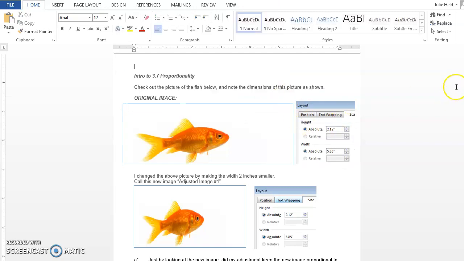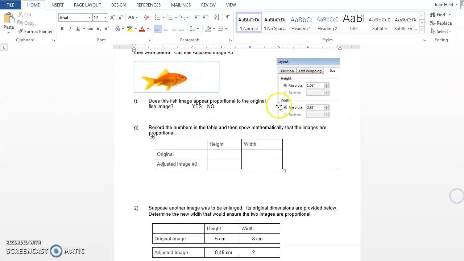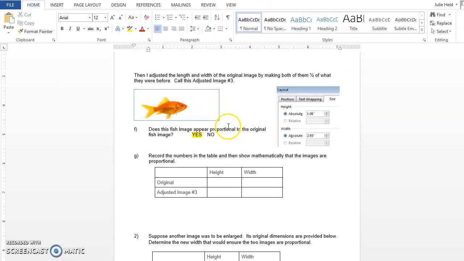So I'm going to go back down to where I was, that we've explored the idea. And I'm pretty confident this time. Yeah, I finally got them to stay in proportion when I did half at each. So here are the numbers, half of 212 and half of 585. So that's the dimensions of this fish's rectangle.